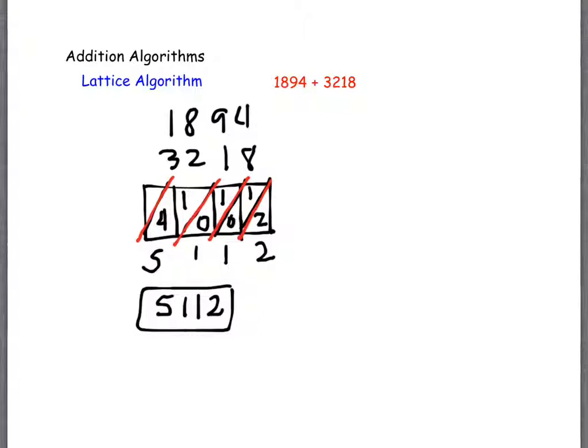So what this lattice method does is it allows you to do the addition and to keep things in the correct place value. In other words, when I put that 1 in that top corner over here with the number 12, when this 1 went up here, this is the tens column. It just doesn't look like it because it's drawn on a diagonal. Okay?